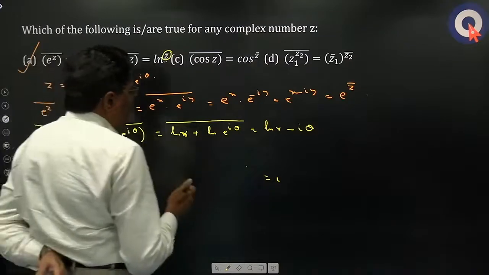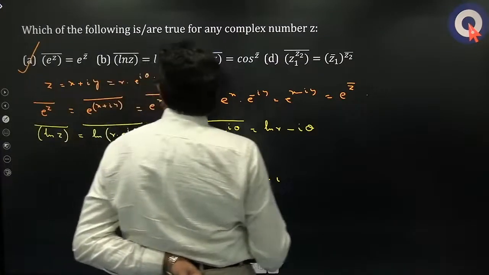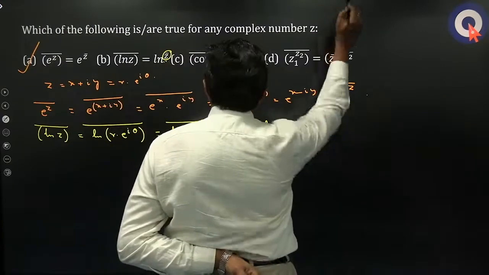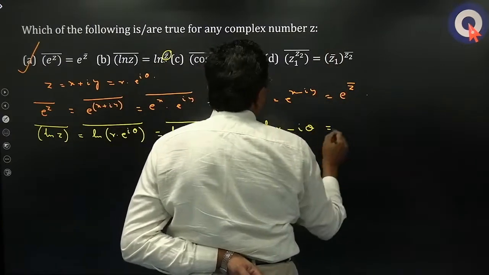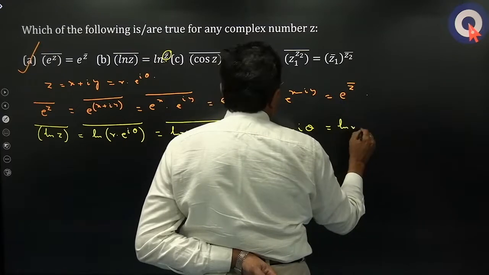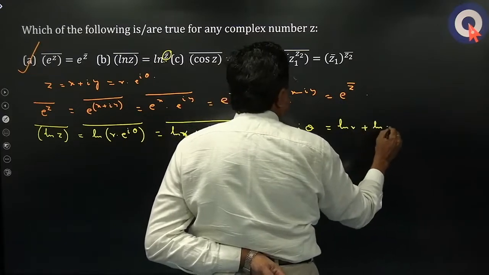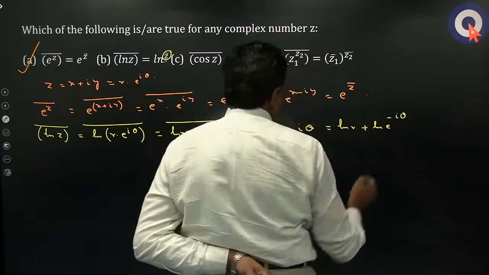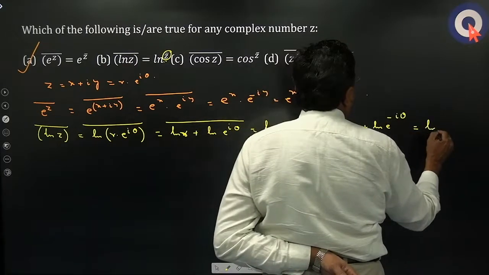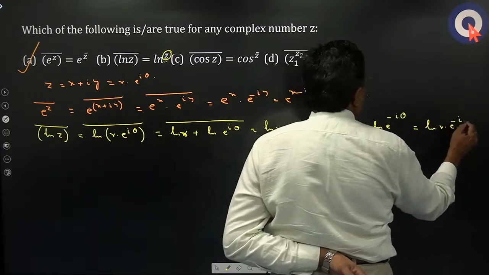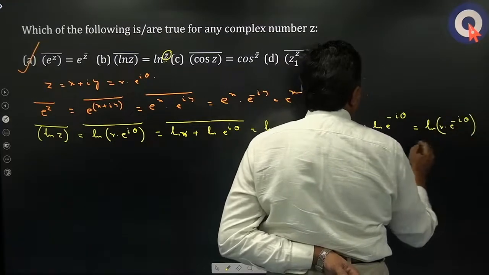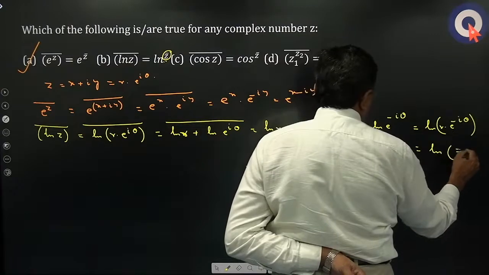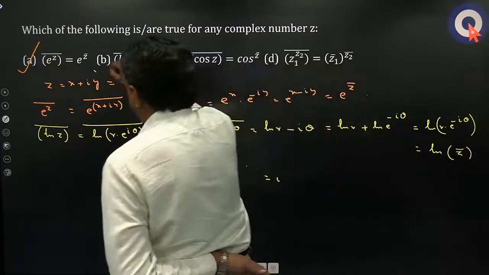So therefore, ln r plus ln e power minus i theta. So we can write this as ln of r into e power minus i theta, which is nothing but ln of z bar. So even this is correct.